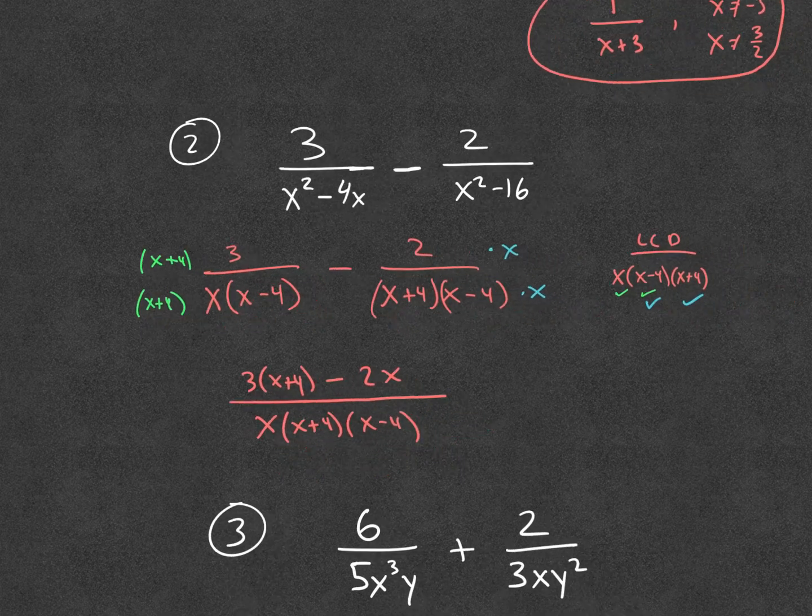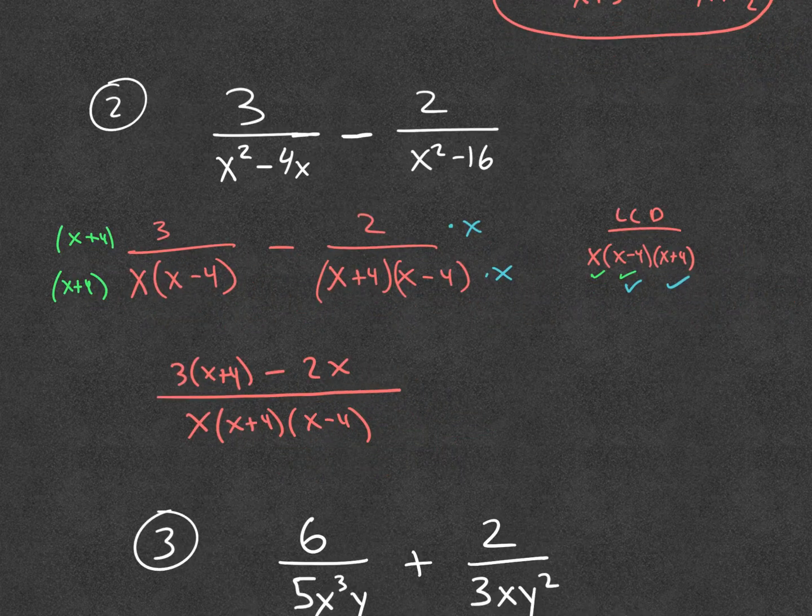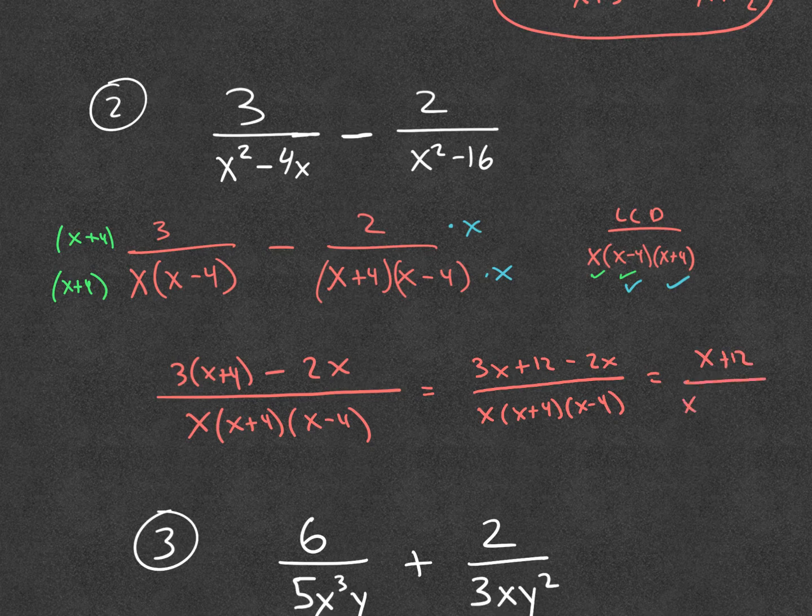Okay, so now I need to simplify the top here. I can distribute and then combine my like terms. So that'd be 3x plus 12 minus 2x over x times x plus 4 times x minus 4, which is leaving me with x plus 12 on top, over x times x plus 4, x minus 4.